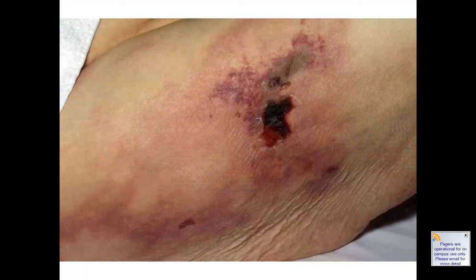What's the difference between heparin necrosis and coumadin necrosis in terms of things you have to look for in the patient, systemic associations? I'm not sure on the coumadin.